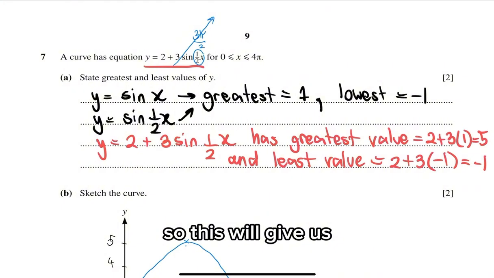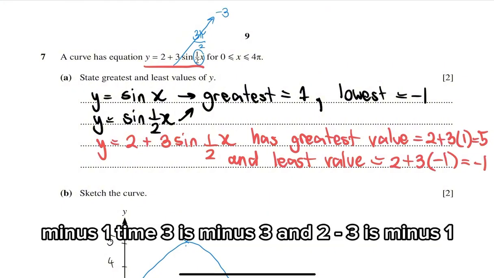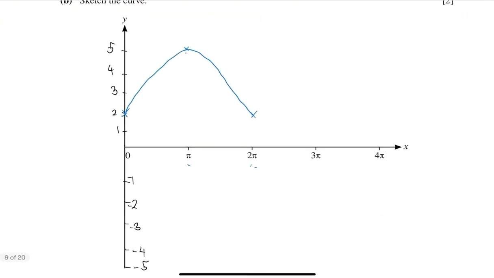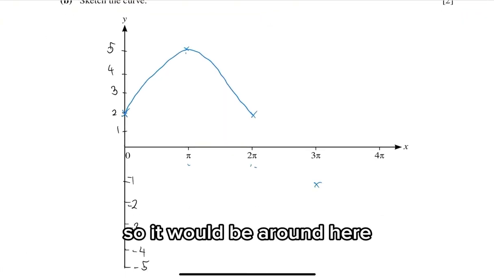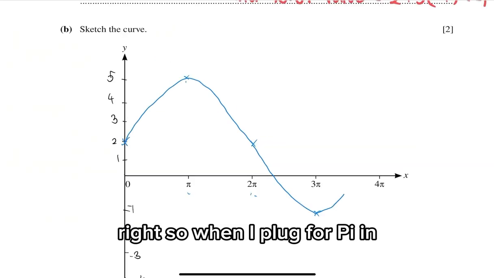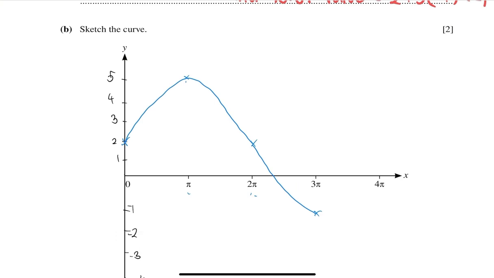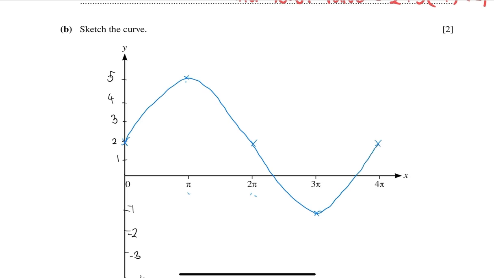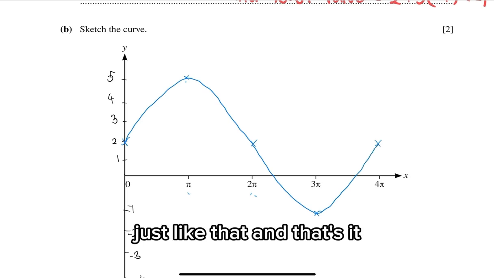So this will give us -1 times 3 is -3, and 2 minus 3 is -1. So it would be around here, right? So when I plug 4 pi in, we'll have again y equal to 2, just like that. And that's it.